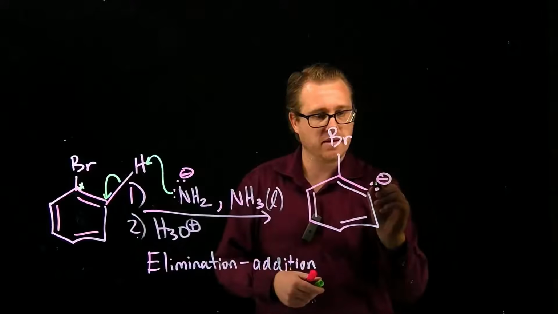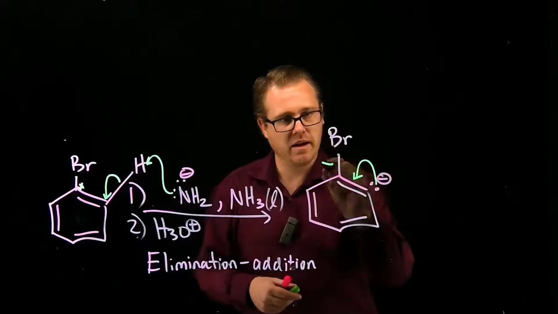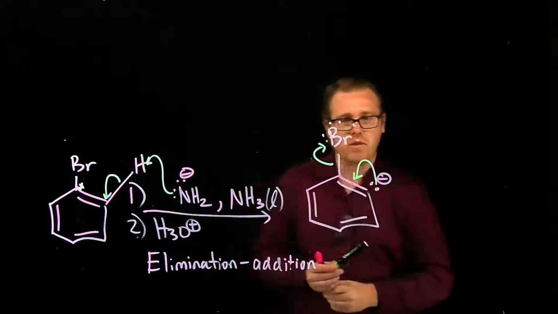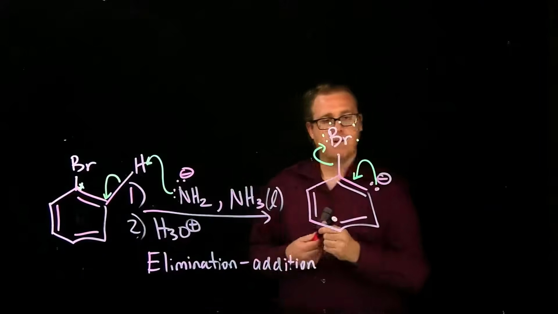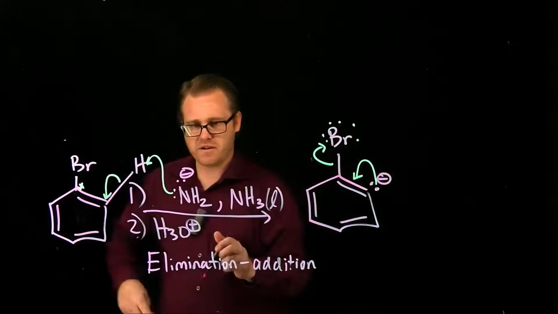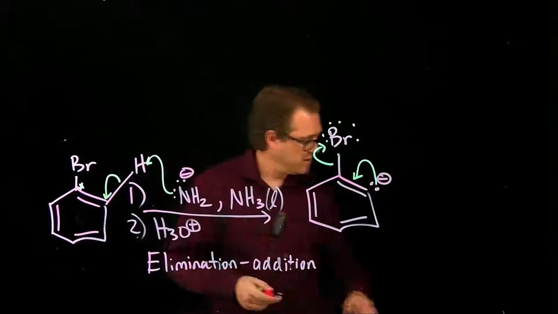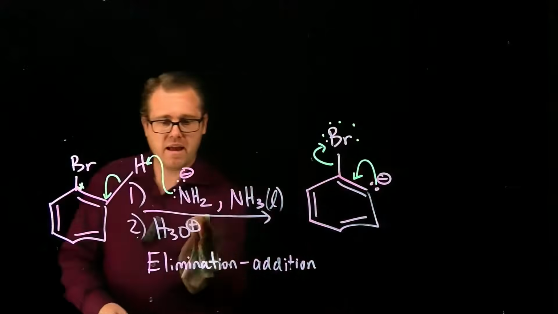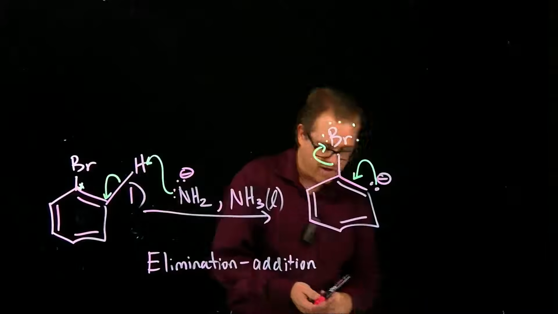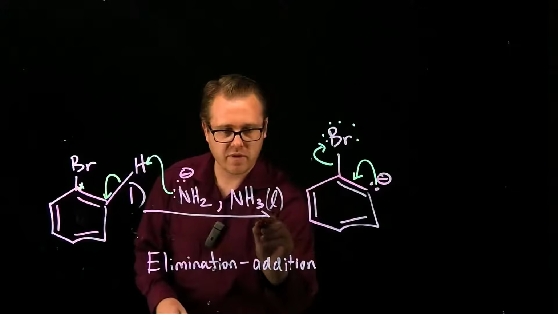It's going to come in like this and kick off the bromine. Now the bromine has 3 lone pairs, and when that kicks that guy off, now this first step right here, let's make sure we understand that. That first step right there is going to be reversible.